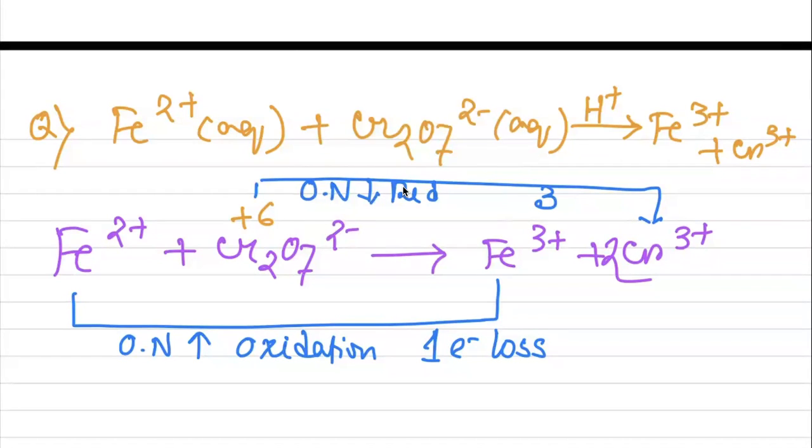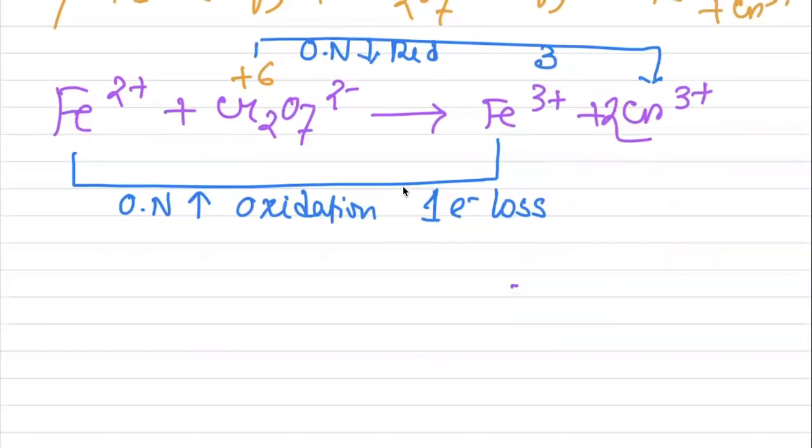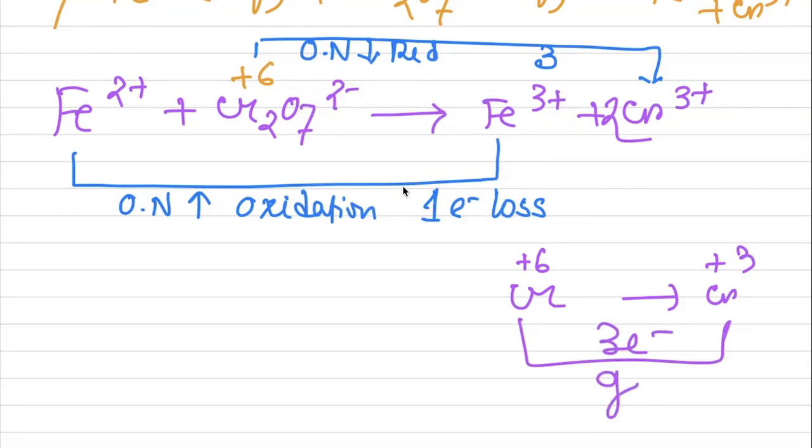Now, when 1 chromium atom moves from plus 6 to plus 3 oxidation state, it gains 3 electrons. So 2 chromium atoms will gain how many electrons? 6. If 1 chromium atom changes its oxidation state from plus 6 to plus 3, the number of electrons gained is 3.